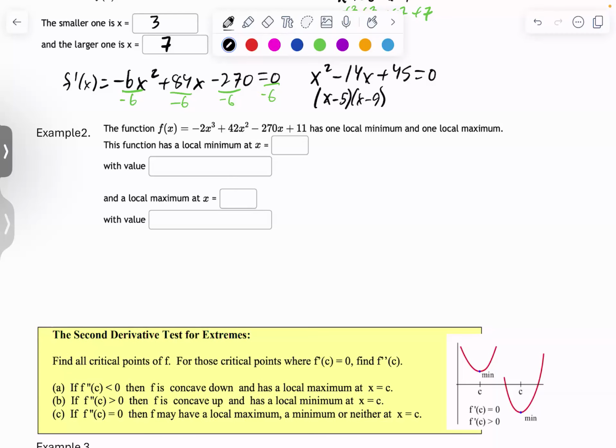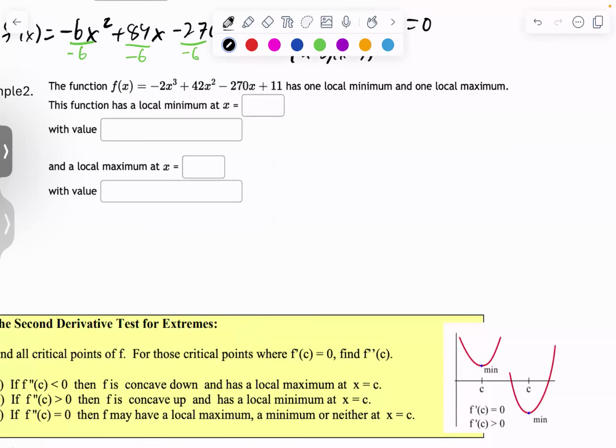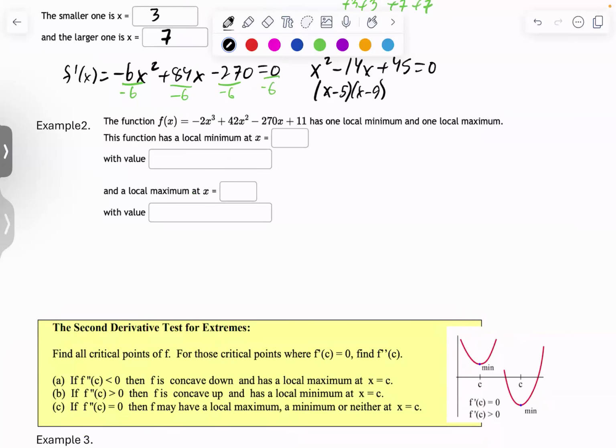And so it looks like we are getting a value at x equals 5 and 9. And those are x values, and we don't know if those are local minimums or maximums. But I am going to want to keep an eye on my derivative function to figure out which one's a minimum and which one is a maximum.